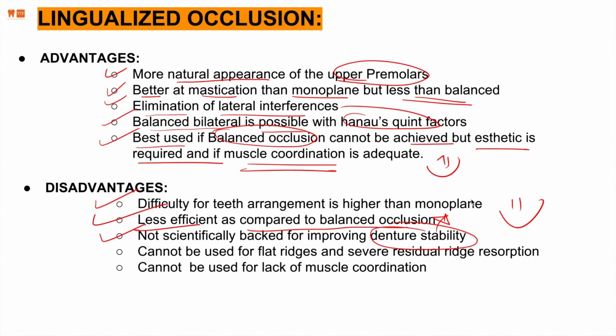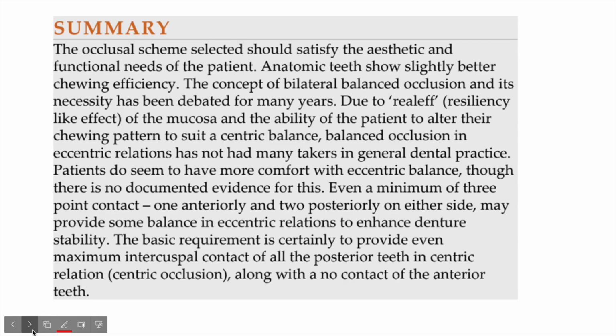Bilateral balanced occlusion is still the gold standard. Cannot be used for flat ridges. We have to use monoplane, such as in severe residual ridge resorption. Cannot be used for lack of muscle coordination, and we discussed that point.